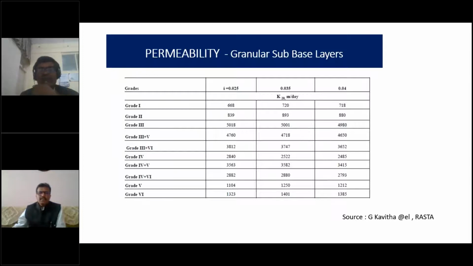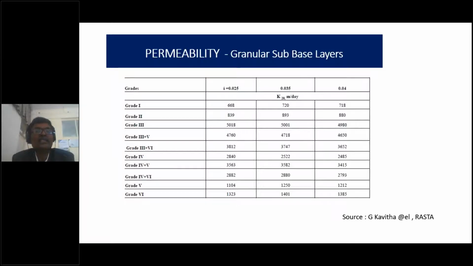As we know, the number one enemy, number two enemy, number three enemy for road failure is water. If we take control of water, whether it is concrete pavement or bituminous pavement, it will serve its intended life.